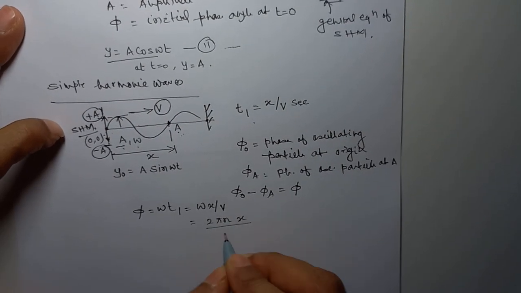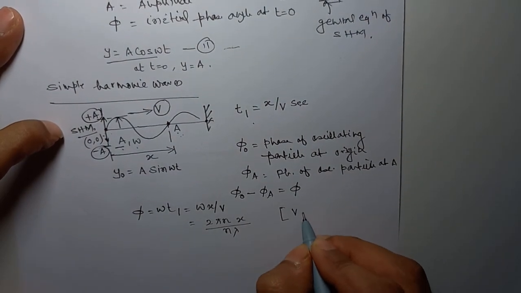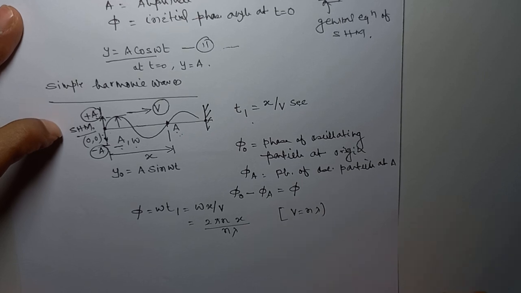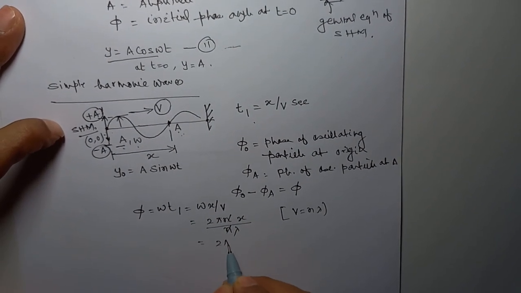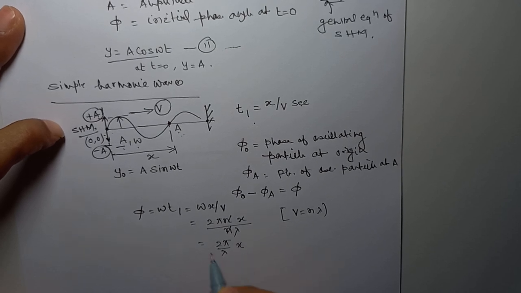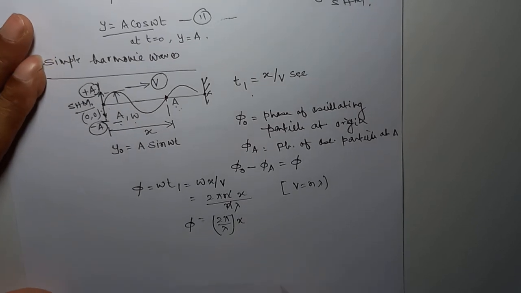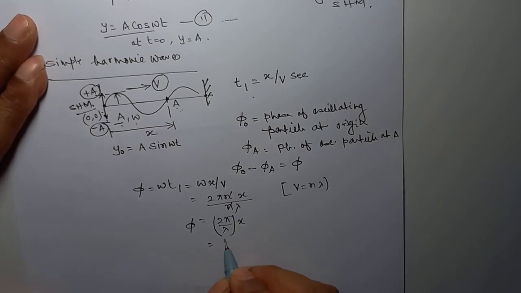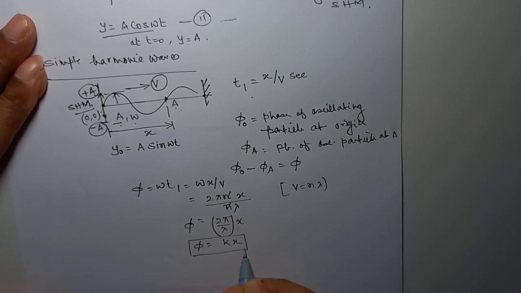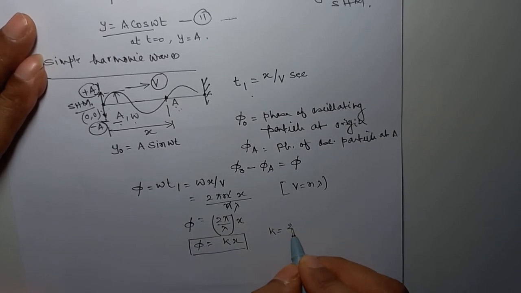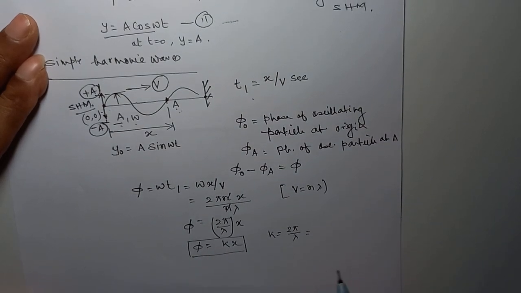And v we can write as n lambda, v is equal to n lambda, frequency into wavelength. So the frequency will get cancelled out. We get 2 pi by lambda into x. This is the phase difference. If we replace 2 pi by lambda by k, into x, where k is equal to 2 pi by lambda, it is called the angular wave number.